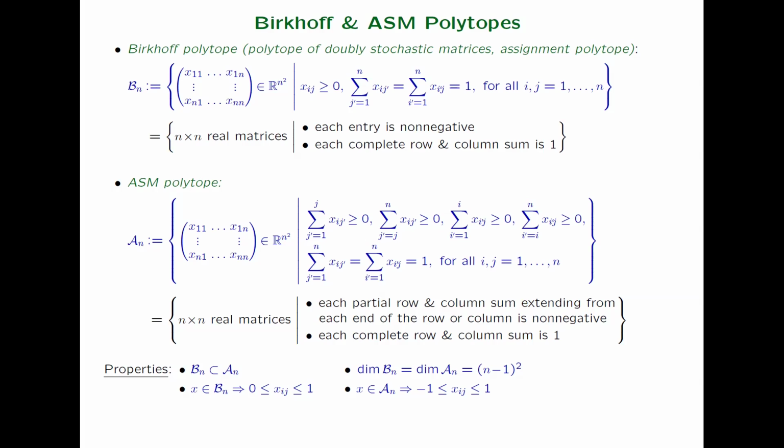And if we know the entries in the first n-1 rows and columns, then the fact that the total sums are 1 means that we can uniquely determine all these entries in the last row and column. And it's fairly clear, if you think about it, that these ones can be chosen independently. So the affine hull does have dimension (n-1) squared, which is this property here.